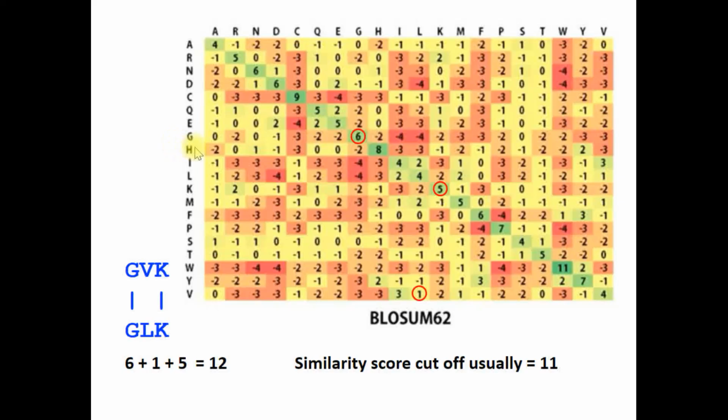G and G, its score is 6, and from V to L, the score is 1, and from K to K, the score is 5. So the GLK match score is 12, and usually the similarity score cutoff is 11, so we can keep this neighboring word GLK.